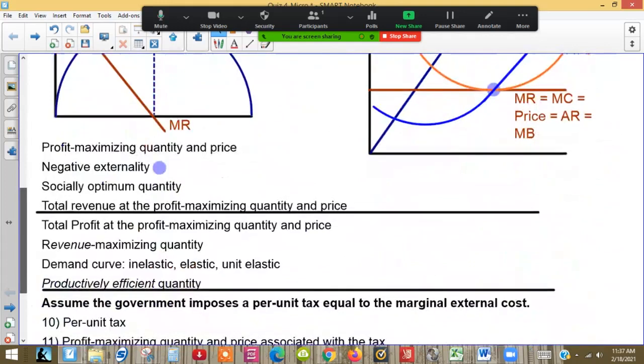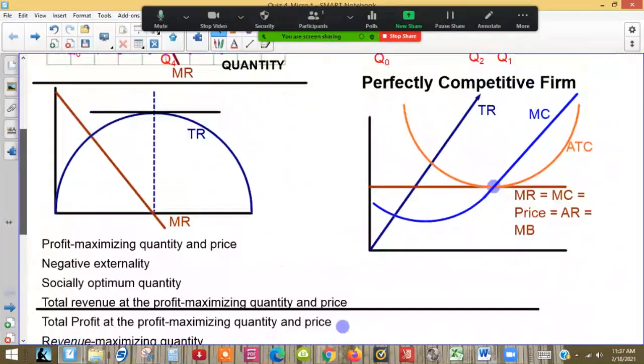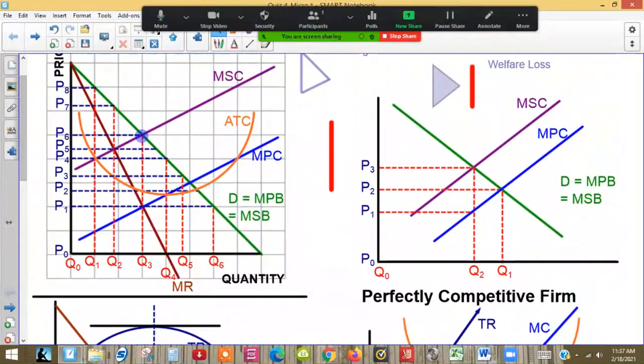What is the total profit at the profit maximizing quantity and price? Well, that's going to be the difference between price and average total cost, so P6 minus P2 times the quantity Q3, right? So this area right here defines total profit, okay?